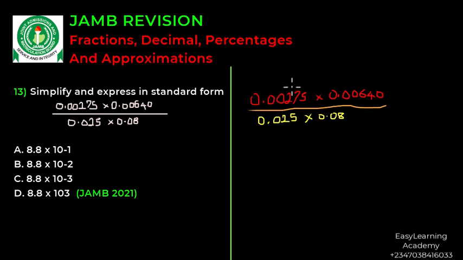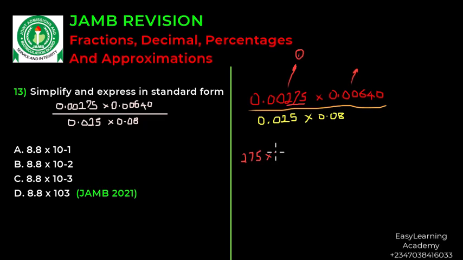The first thing we're going to do here is change each of these that is in ordinary form to standard form. So let's change this one first. For us to have that in standard form, we're just going to write out the significant number here first. The significant number there is 275, and we are going to introduce our times 10.